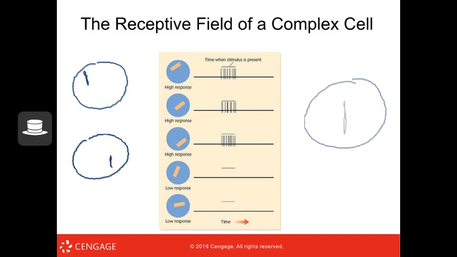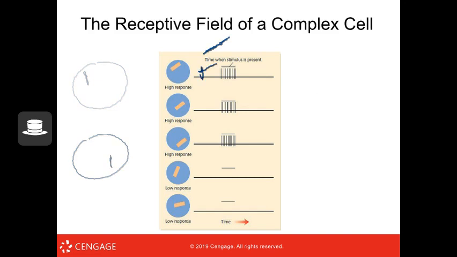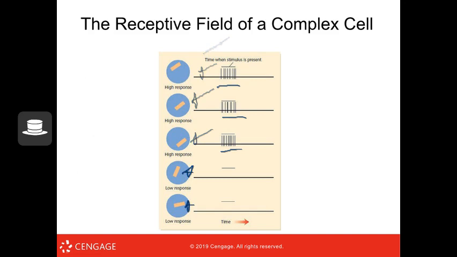So we can see that this complex cell is responsive to diagonal orientations, and regardless of where it is in the visual field, you're going to get a high response, right? But once it becomes more vertical or more horizontal, you're getting a lower response. So simple cells needed to be right in a particular place, in a particular orientation. Complex cells, the location where it is doesn't matter as much, but the orientation still matters.